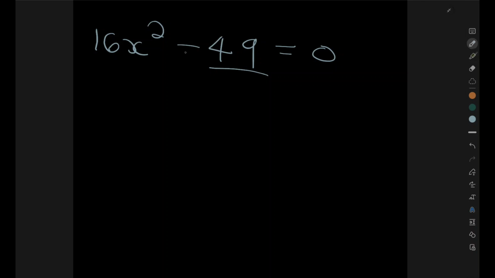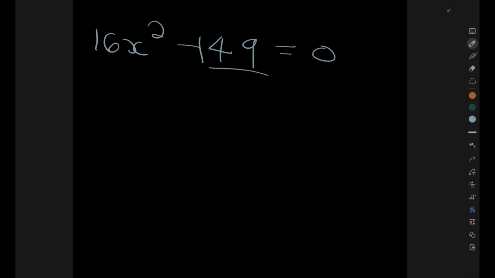Let's say now we're given something like 16x squared minus 49 equals 0, and they tell us obviously to factorize. So we know that there's a difference of squares. 16 is a perfect square, x squared is a perfect square, and 49 is a perfect square, and the difference of two squares comes from the minus.